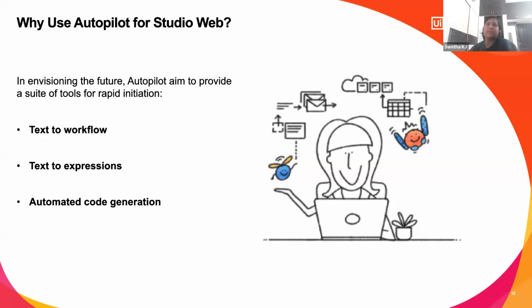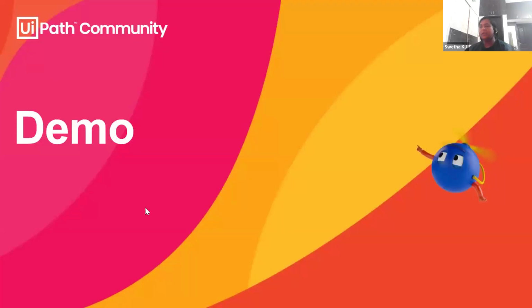It is not mandatory for them, and they cannot sit and learn something for a long time for a technical purpose. So they can just give their input as text, and Autopilot takes care of converting it to expressions based on the syntax. And the final one is automated code generation, which is similar to text to workflow. If the process requires any code also, Autopilot takes care of it, right?